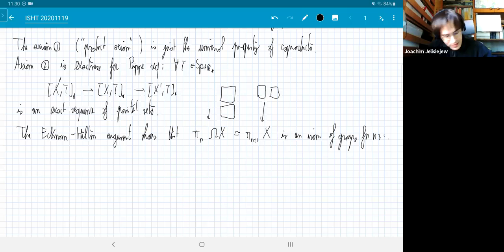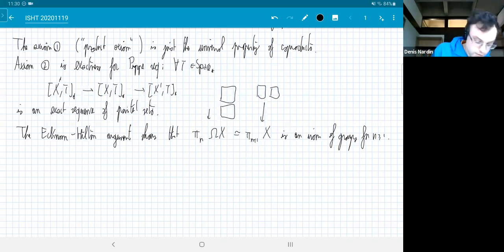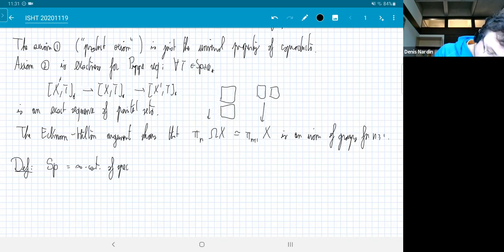Okay, so this is how you go from spectra to cohomology theories and vice versa. And actually, since we're at this point, I'm going to give the definition: the infinity category of spectra is just the limit of omega of this tower.